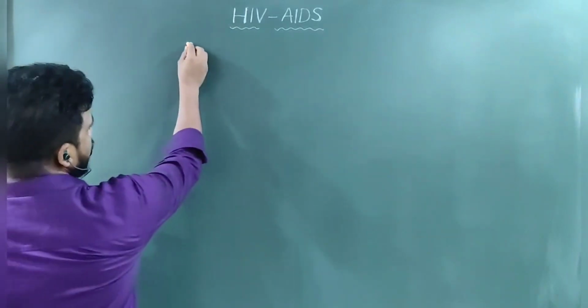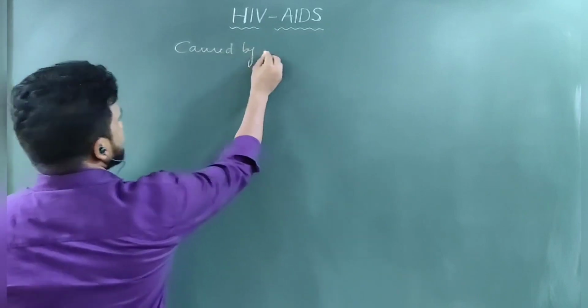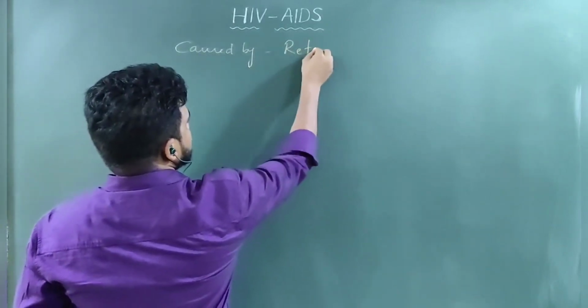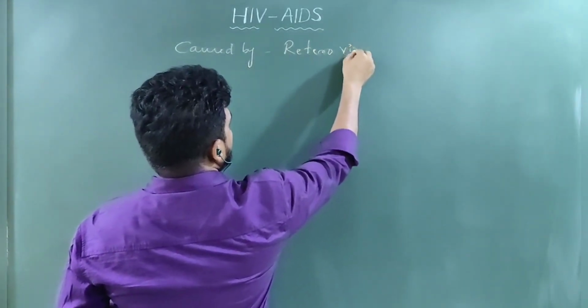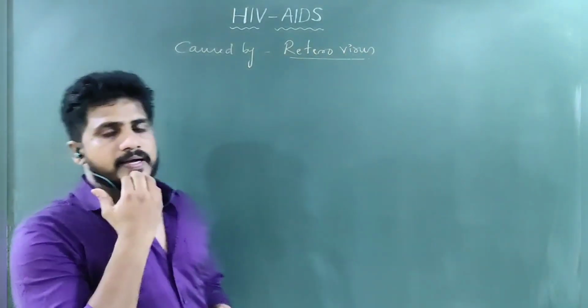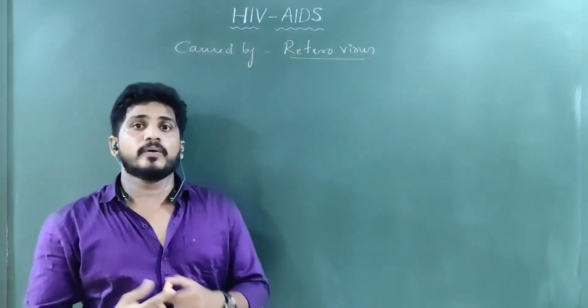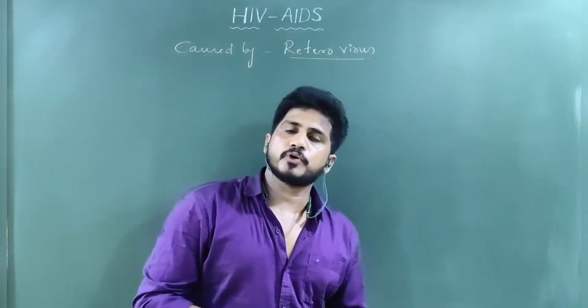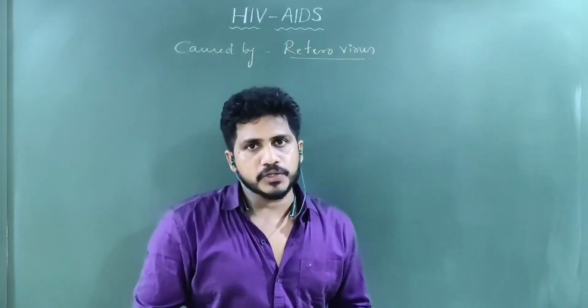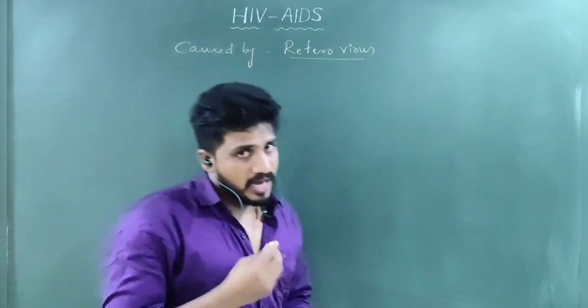AIDS is caused by a retrovirus. Viruses have many groups: myxovirus, paramyxovirus, retrovirus, flu viruses, and so many. In retroviruses the genome is RNA.